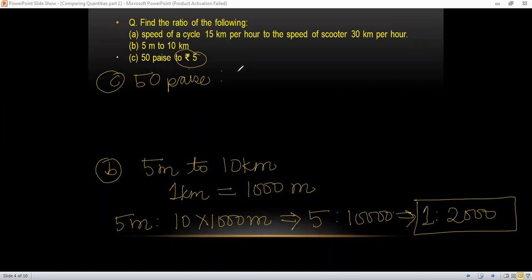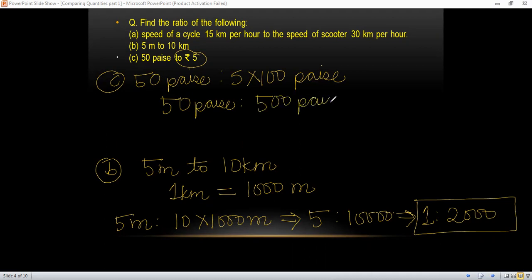We will multiply with 100. 5 into 100 paise, so this will become 500 paise. 50 paise to 500 paise. So the ratio we will get is 1:10. So like this, we will find the ratio.